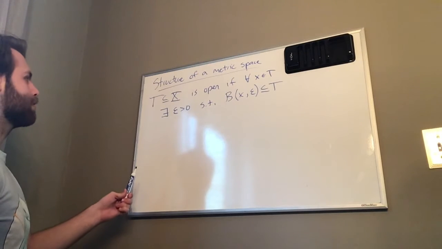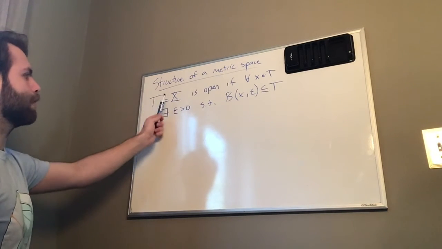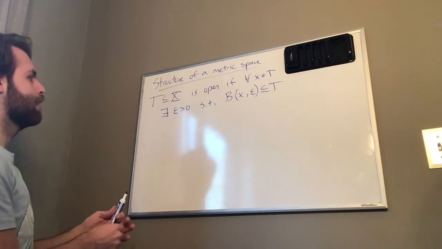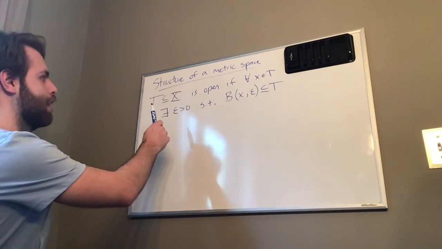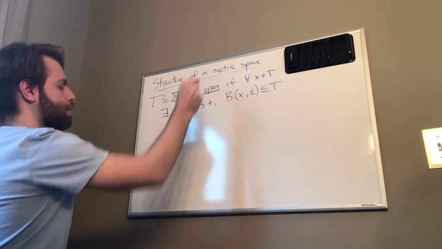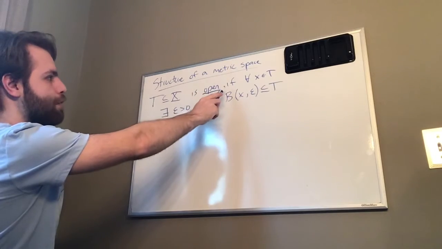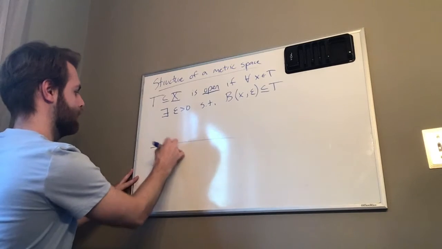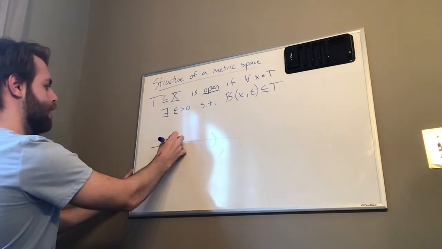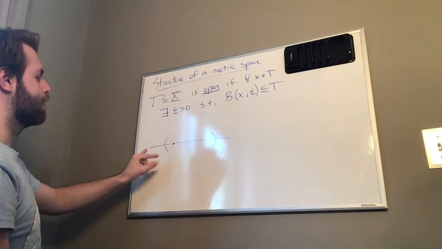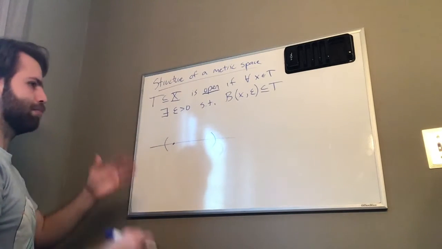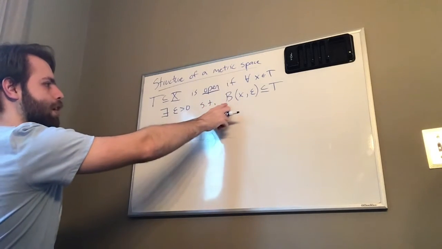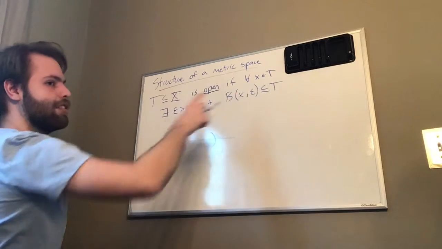What this means is that if T is a subset of my space, like in the real numbers, I could say it's an interval. That's a good subset, all contained in the real numbers. We say it's open, and I'm defining what open means. It's open if for every point in my subset, here's my number line, and say I have some interval, x is in my subset, then there exists some epsilon greater than 0, just some number, could be anything, such that the ball about x with that radius is still in my interval.